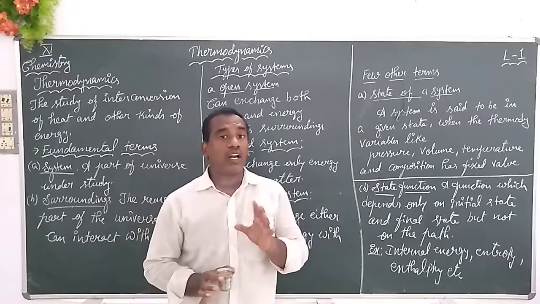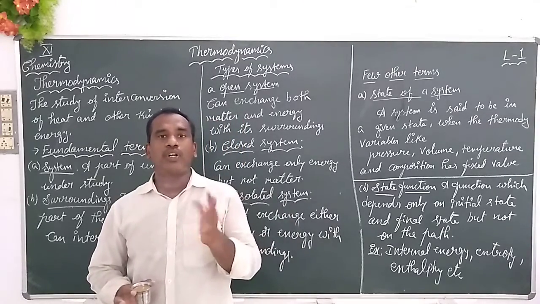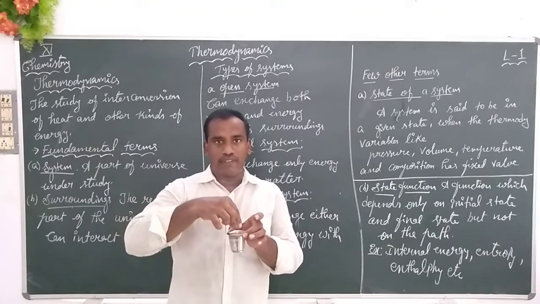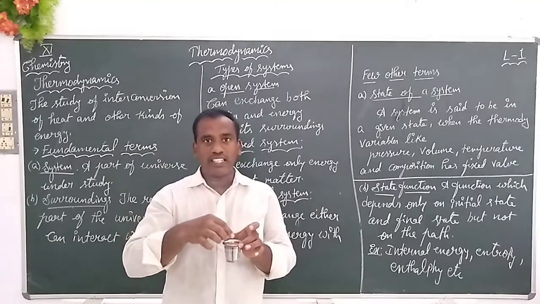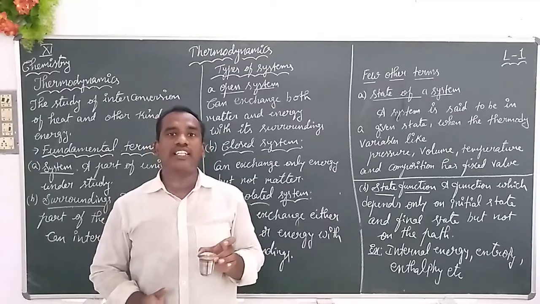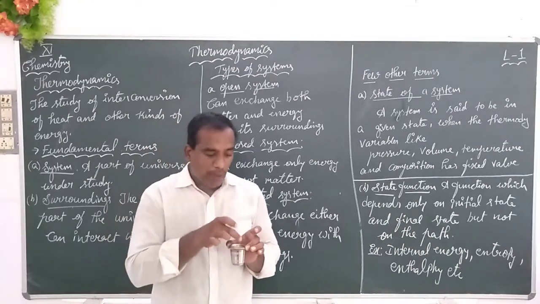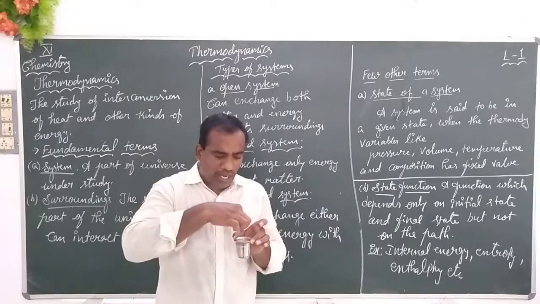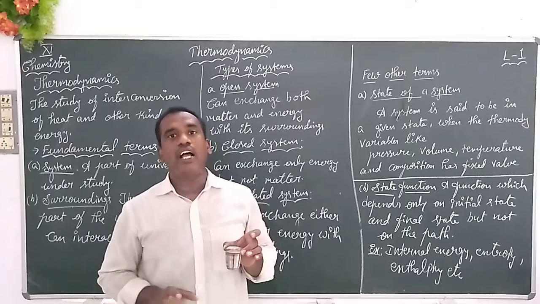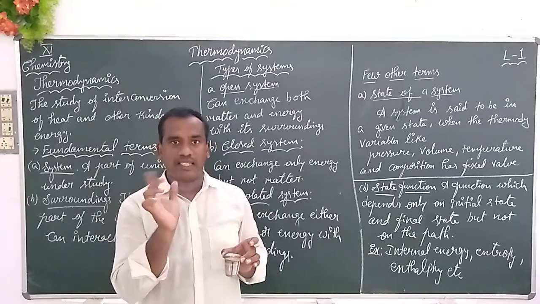What am I calling the system? We are not calling the system the computer or something. System is the part of the universe where you are studying the heat change. So this small part of the universe, where you are able to study the change in heat, you call it the system.